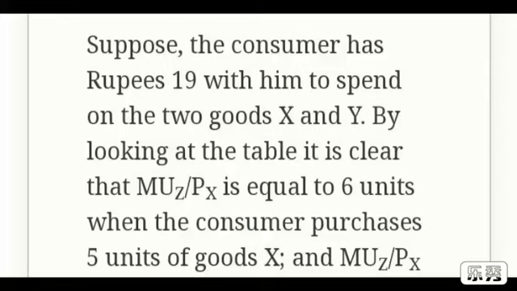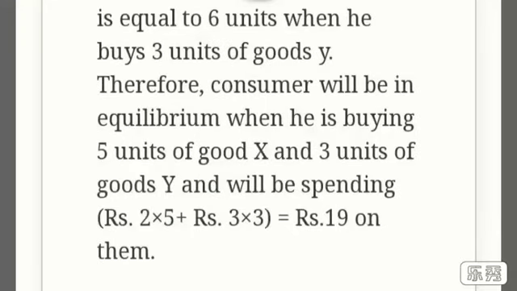Suppose the consumer has rupees 90 with him to spend on the 2 goods X and Y. By looking at the table, it is clear that marginal utility of X by price of X is equal to 6 units when the consumer purchases 5 units of good X, and marginal utility of good X divided by price of X is equal to 6 units when he buys 3 units of good Y. Therefore, the consumer will be in equilibrium when he is buying 5 units of good X and 3 units of good Y and will be spending rupees 90 on them, because the two goods are consumed at the same price.